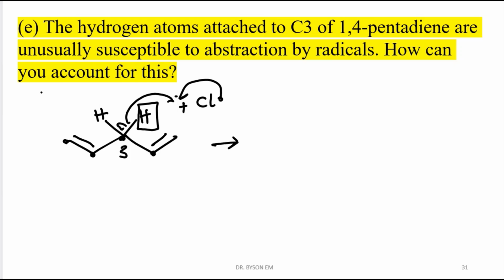So this will result into a radical. The reason why this forms is because C3, carbon number 3, is an allylic carbon. So because it is an allylic carbon, it is going to form a very stable radical.